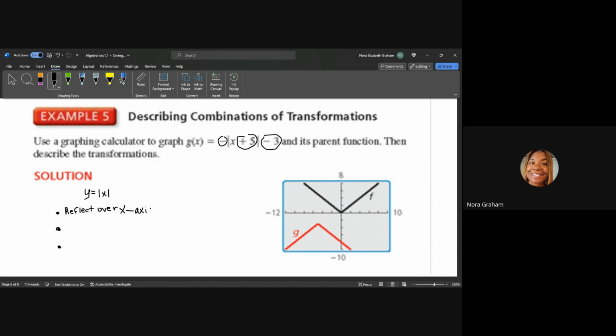Now notice the other transformation, that plus 5, is within my grouping symbols. Whenever I'm inside of my grouping symbols, I deal horizontally. So this is going to be a horizontal shift or transformation. You can say shift or transformation, doesn't matter. I'll put horizontal shift. Whenever we're inside our grouping symbols, we think opposite, because in this formula there's usually a minus.